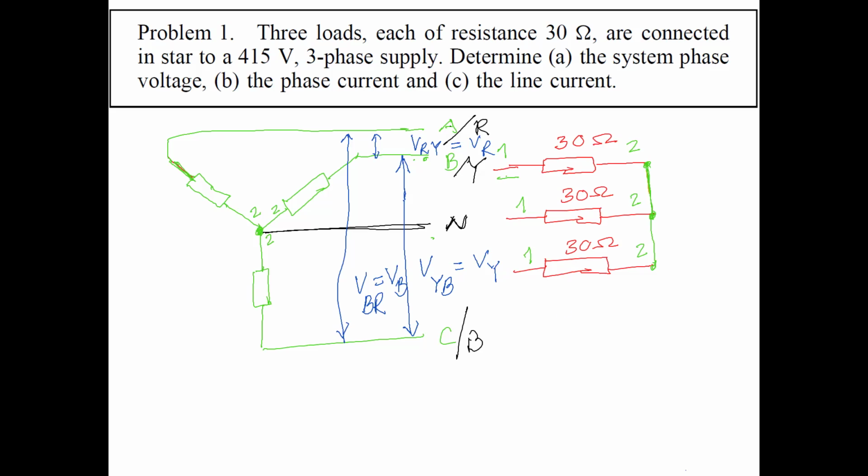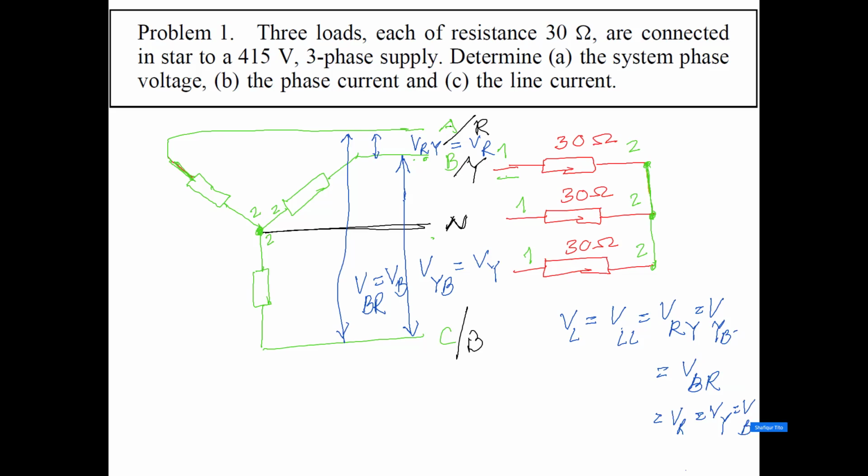So I can write VL is equal to VLL, that is equal to VRY is equal to VYB is equal to VBR. So these are the 3 line voltages, or you can simply write VR, VY, and VB.